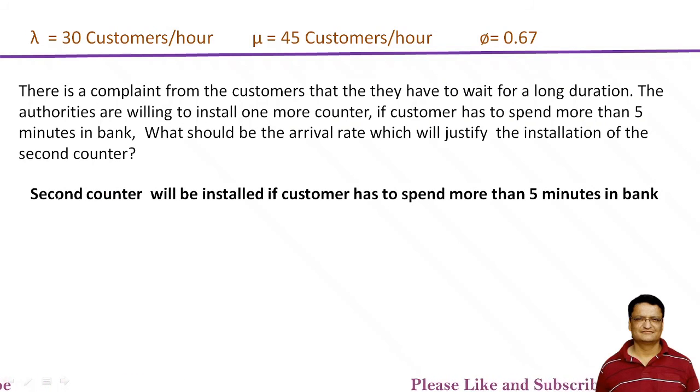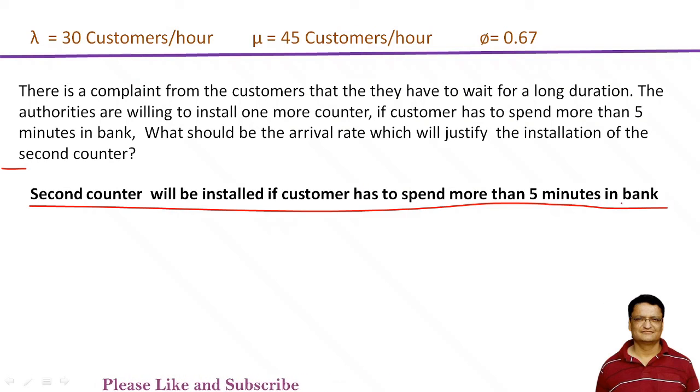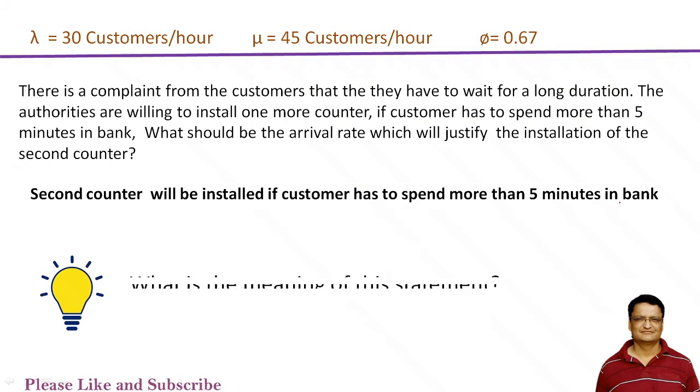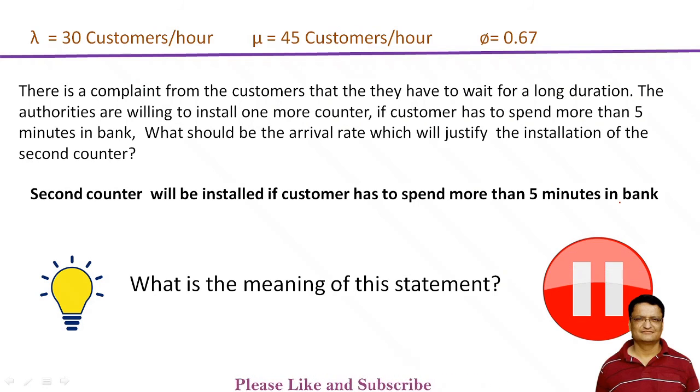Now note that the second counter will be installed if a customer has to spend more than 5 minutes in a bank. What is the interpretation of this statement? What is the meaning of this statement? Try to think about it. So pause the video and just think about it.